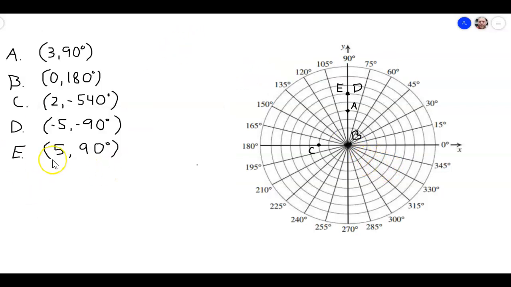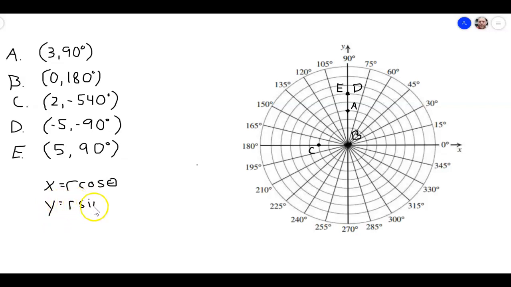All right, so let's go ahead and convert a couple of these points over to rectangular points. So let's go ahead and do A here. So x is going to equal r times cosine of theta, and y is going to equal r times sine of theta.